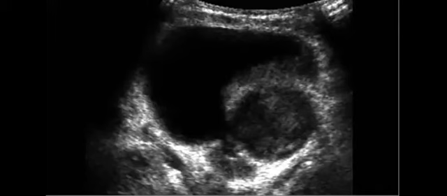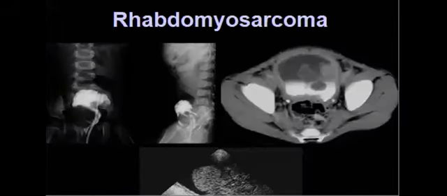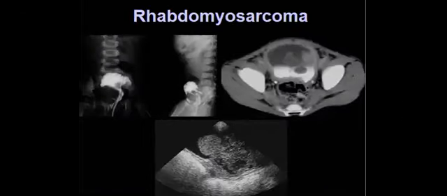They can also show you a filling defect on X-ray. The most common pediatric soft tissue sarcoma. It can happen everywhere from the kidney to the bladder. Very malignant.